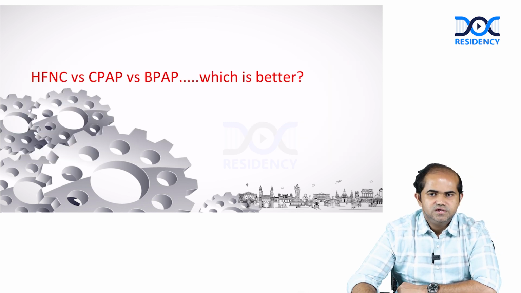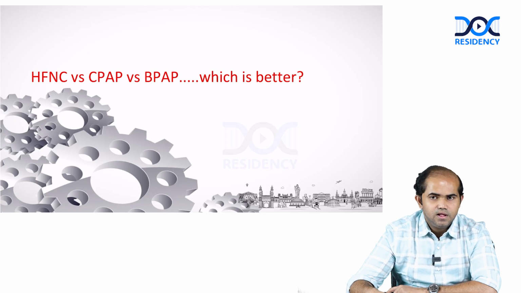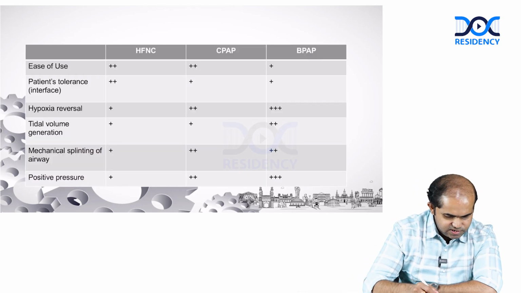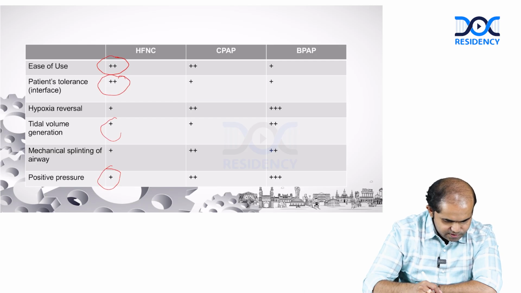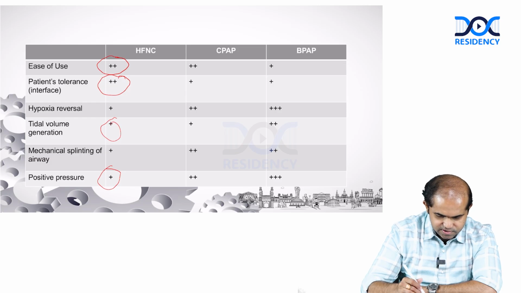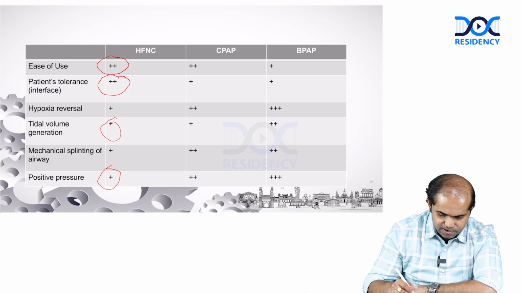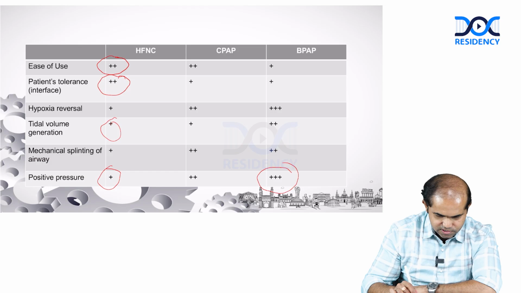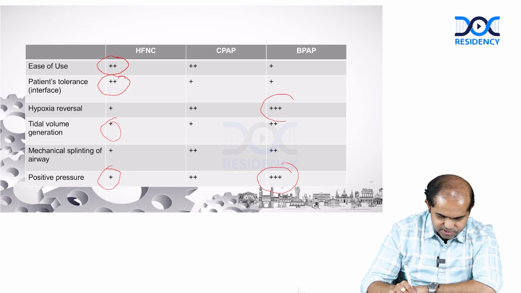So HFNC, CPAP or BiPAP, which is better? With HFNC, ease of use is definitely good and patient tolerance is definitely good, but there is not much positive pressure and not much tidal volume generation. The best part is in BiPAP. In BiPAP, there will be a good amount of positive pressure, good hypoxia reversal, and a good amount of tidal volume generation by your IPAP.